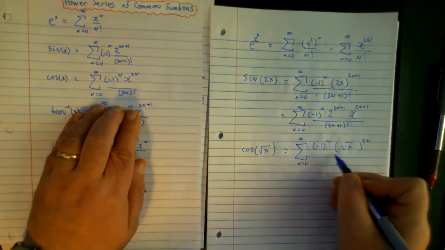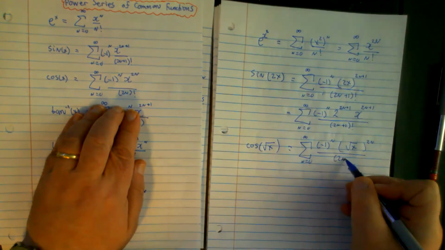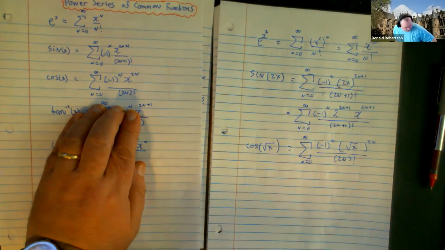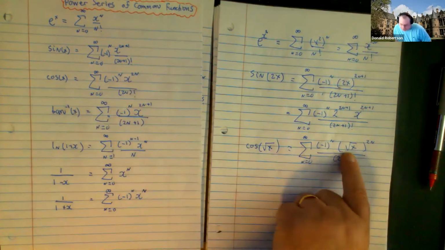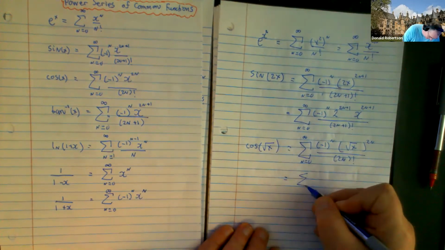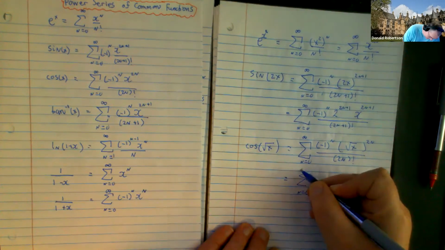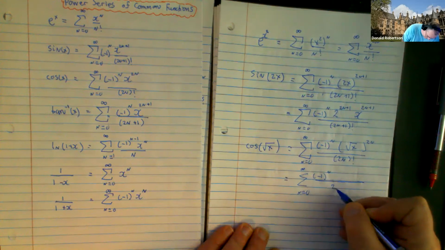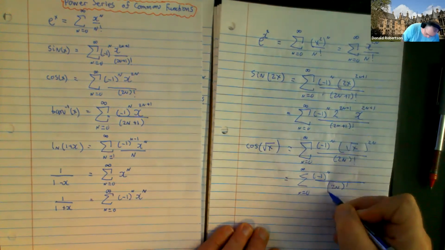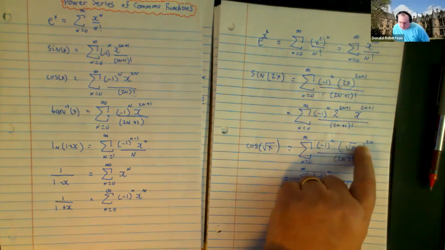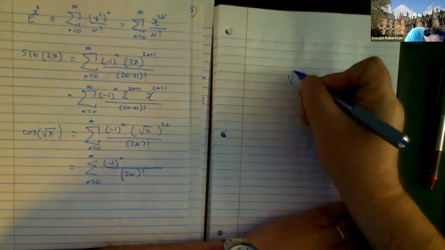Okay. Are you comfortable with the square root of x instead of an x? Where there used to be an x, there is now a square root. And I'm going to make that pretty. The square root of x raised to the power of 2n is a bit weird looking, but it can be made nicer.